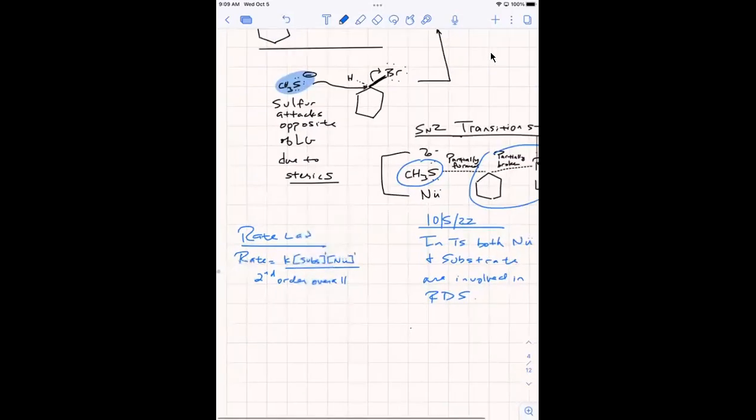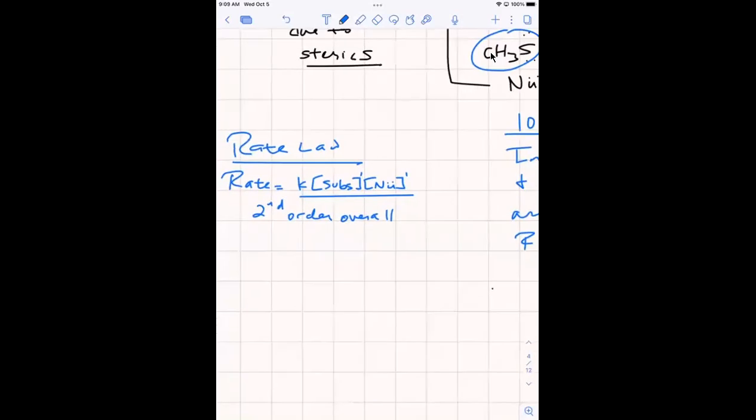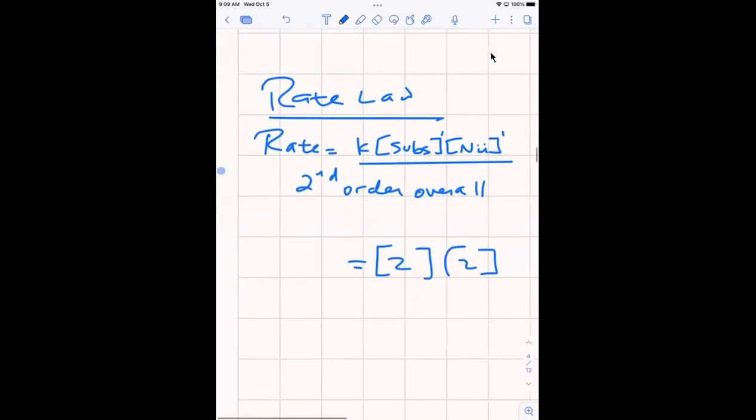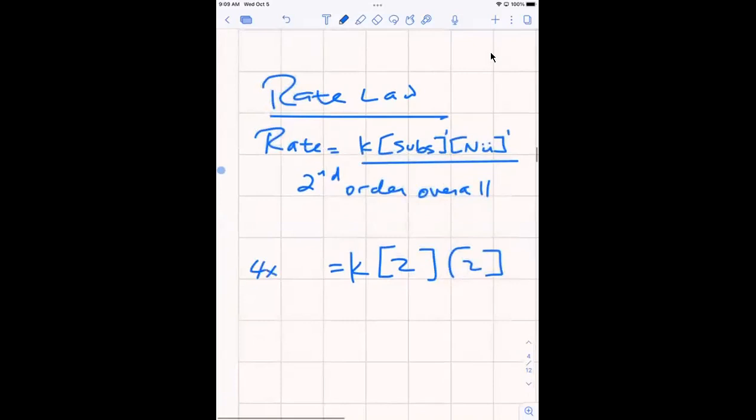So what that means in terms of reactivity is if I change either the nucleophile concentration or the substrate concentration, it is going to have an effect on the rate. So if I doubled the substrate and the nucleophile, the rate would increase 4 times.